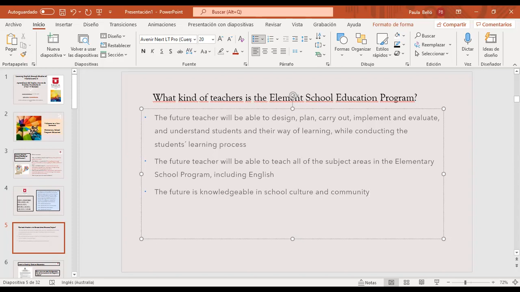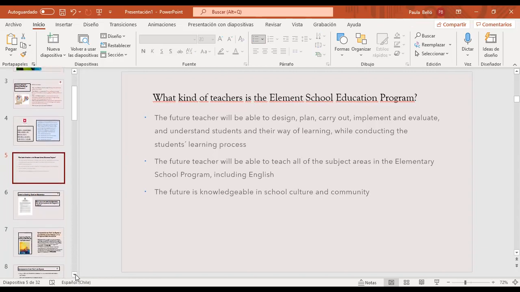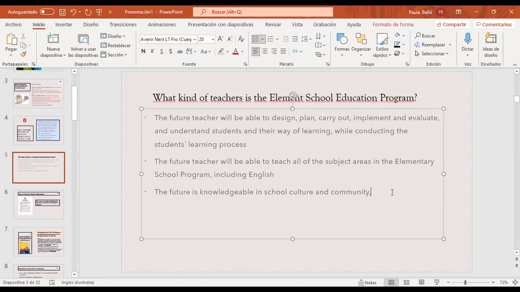You will have had this experience. Okay, what else? Is there anything else we need to say about this teacher in general? Knowledgeable in school culture and community and processes of observation and research.